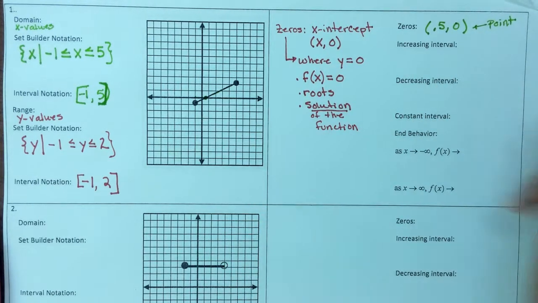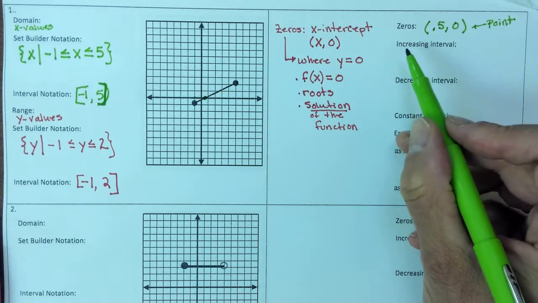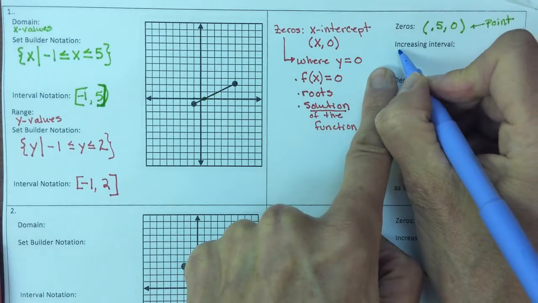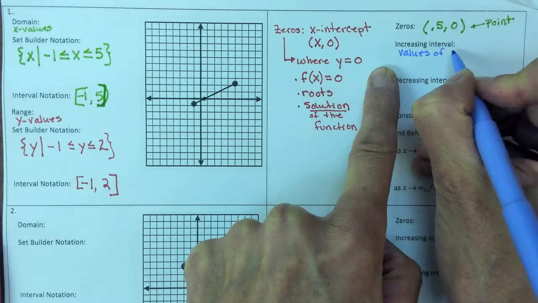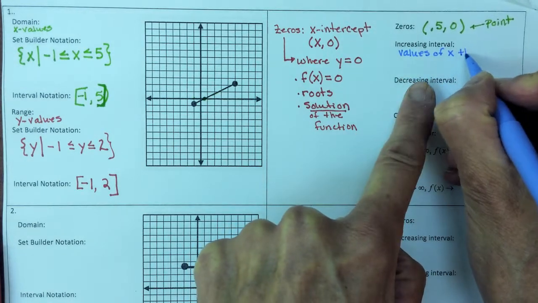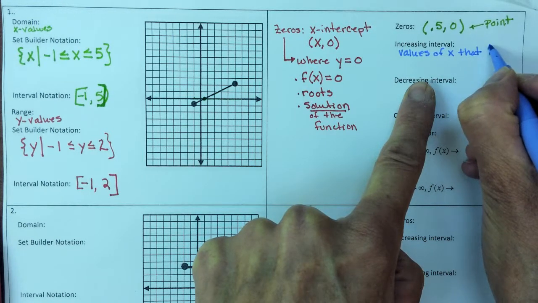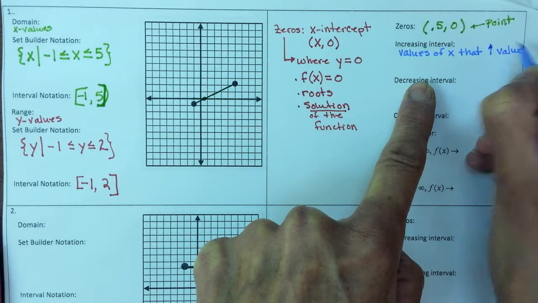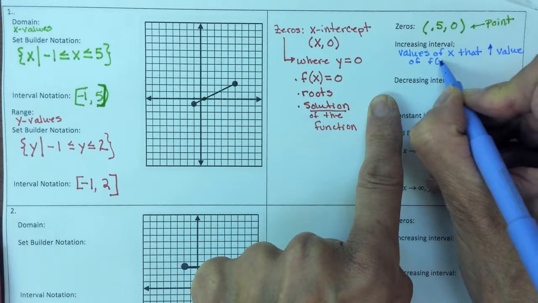So let's talk about increasing intervals and decreasing intervals. By definition, an increasing interval, again, we're looking at values of x, is values of x that increase the value of my function.